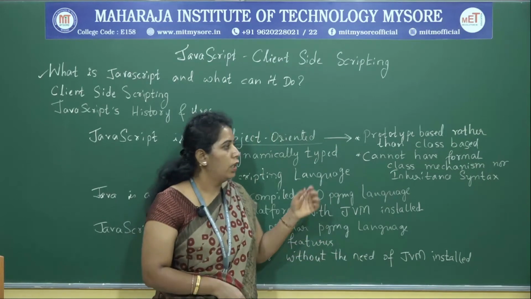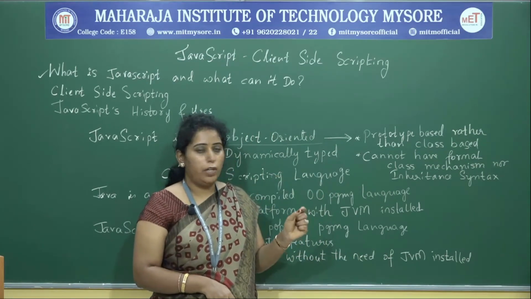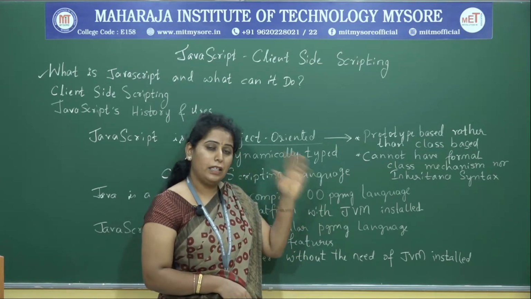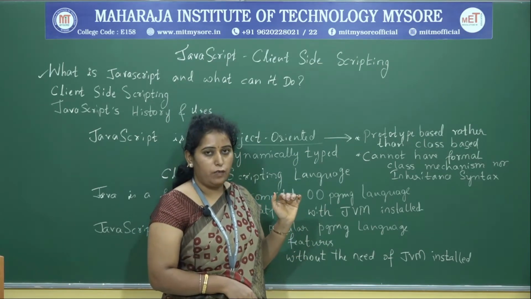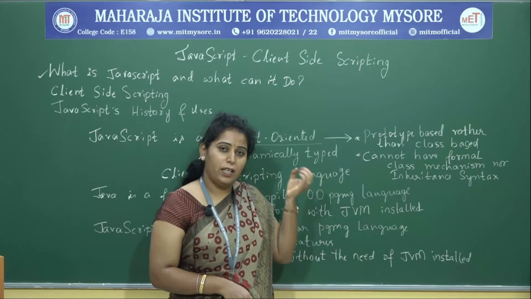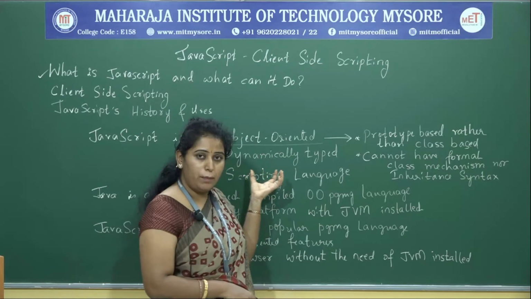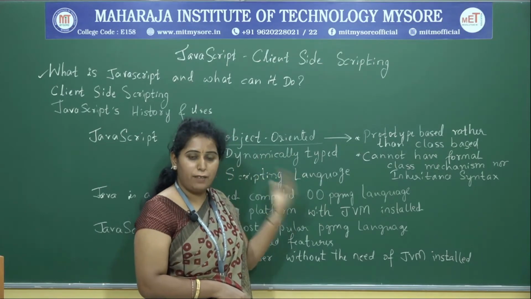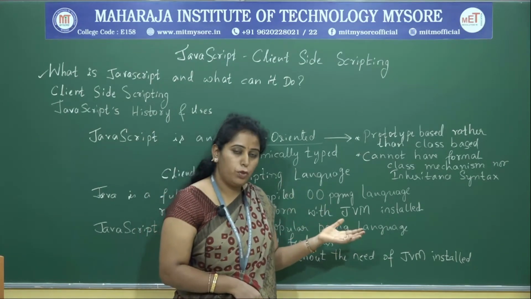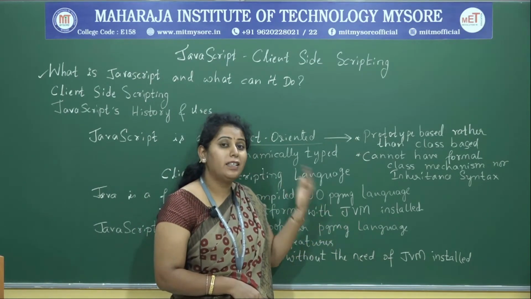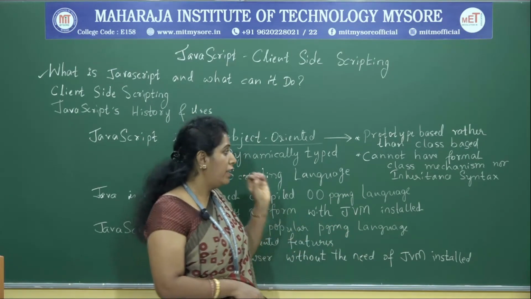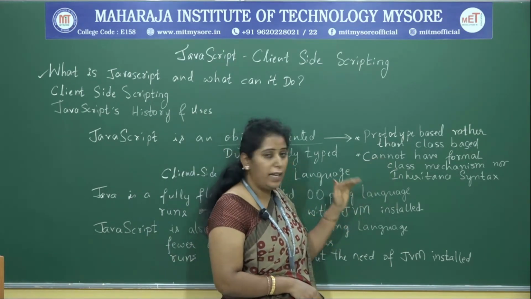One more added point, to distinguish JavaScript from other object oriented programming languages. JavaScript can share some syntactic features or characteristics of other object oriented programming languages, but still it does not have a formal class mechanism.